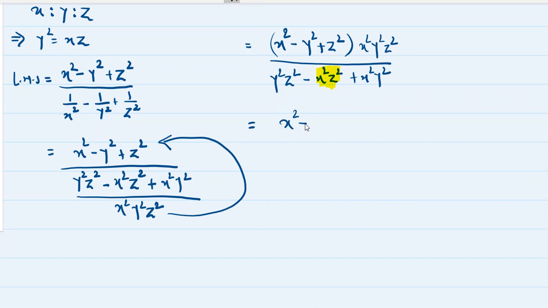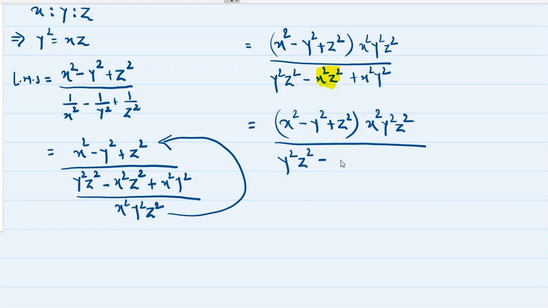So x square minus y square plus z square, bracket x square y square z square upon y square z square minus, this is y raised to 4, because xz is y square, x square z square is y raised to 4, plus x square y square.